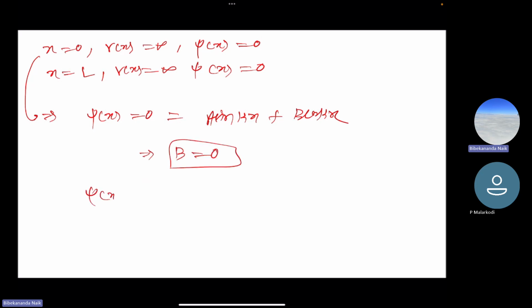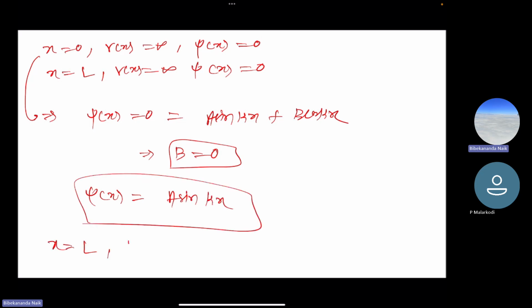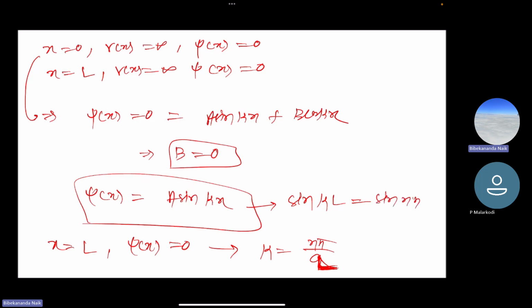Now the wave function becomes a sin kx. Now at x equal to L, psi equals 0, so sin kL equals sin n pi. So kL equals n pi, or k equals n pi by L.